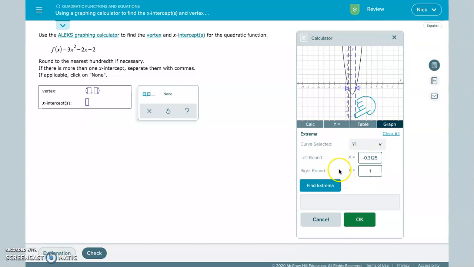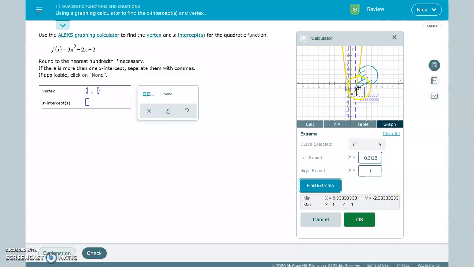After you do that, we only have one line graph right now, so it's not a big deal. But if you do, you can change this in case you have more than one graph. But we're going to come down here to find our extrema. And then it's going to tell us that our minimum is at 0.33 repeating, and the y part of it is negative 2.33 repeating.